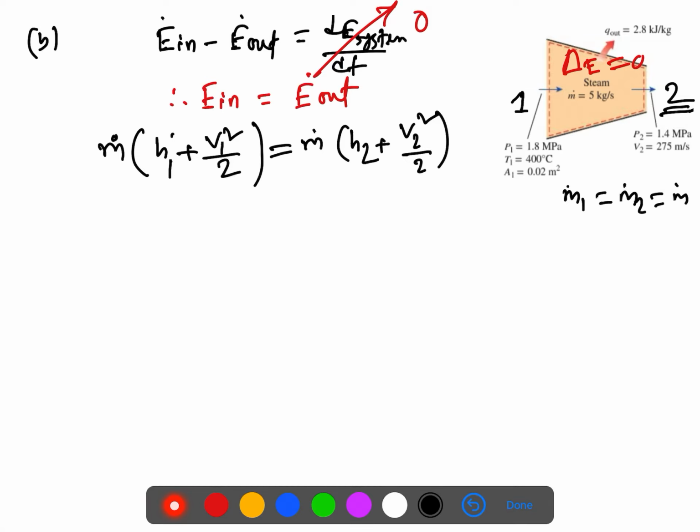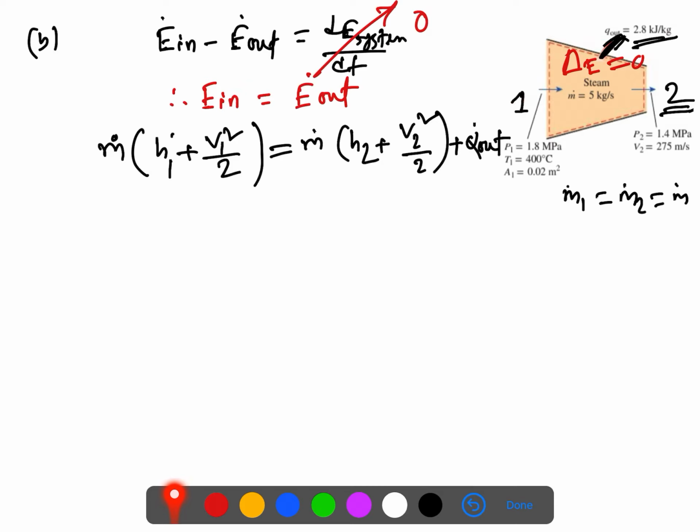What else is happening here, guys? You can see we have another thing: heat transfer is happening, the Q out of 2.8 kilojoule. So we have another term, the Q out. We are not going to consider the other energy in, because there is no energy in or work interactions.